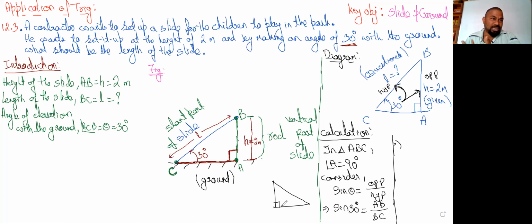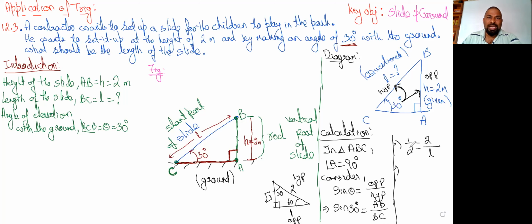If you go for the logical triangle, in the bottom part we place 60 degrees, on the top part we place 30. Opposite to 30, place 1. Opposite to 60, you place root 3. And in the hypotenuse, we place 2. Right? Sine 30 means opposite by hypotenuse, which is 1 by 2 is equal to AB by BC. He has given AB as 2, and the hypotenuse we don't know, place it as L.